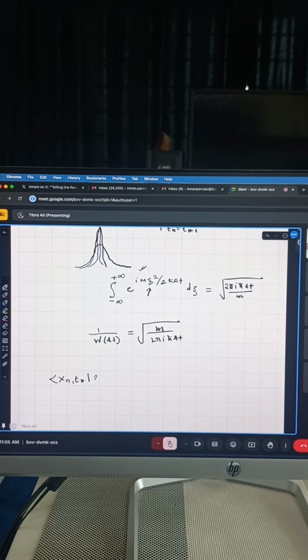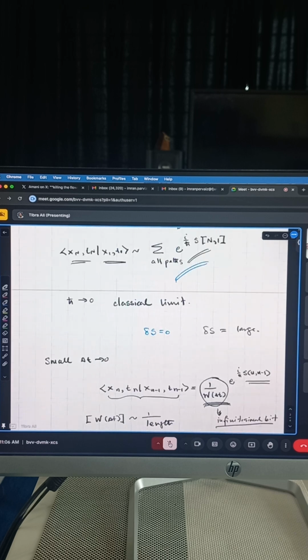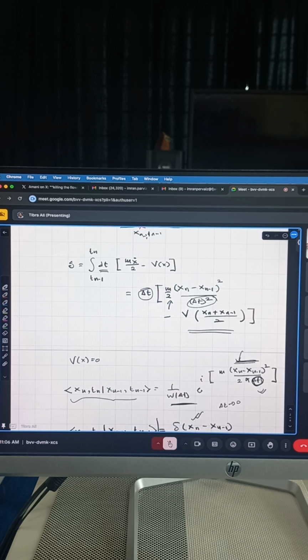This thing is m by 2 pi i h bar delta t to the power half, and then the phase factor is exp of i by h bar s n minus 1, where this s n minus 1 is given by this expression.